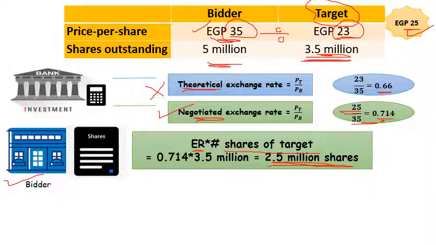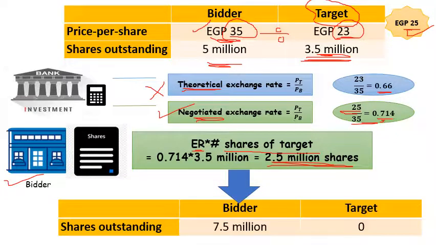As a result of this transaction, the shares outstanding of the bidder will be 7.5 million shares. Why? Because it previously has 5 million shares and issues 2.5 million more shares.